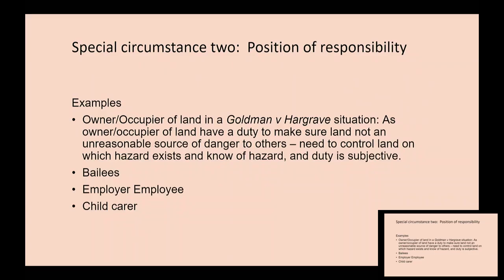It gives you the right to exclude everyone else from it. But because of that, it brings with it certain obligations to make sure that land does not become an unreasonable source of danger to neighbours. And the two factors that are key to the imposition of a duty of care for an owner or occupier is that they control the land on which the hazard exists and they know of the hazard.